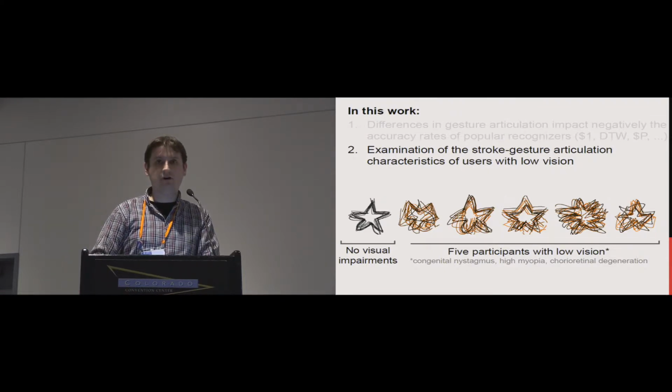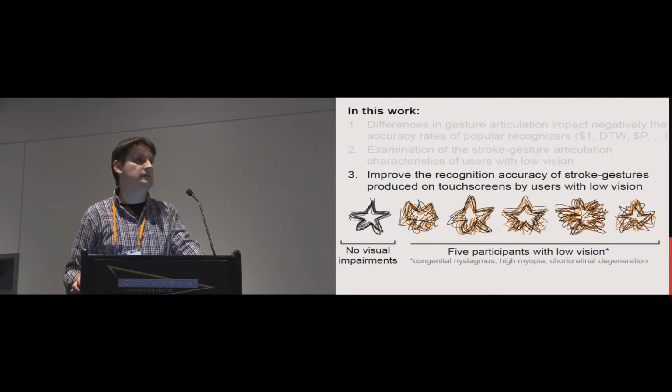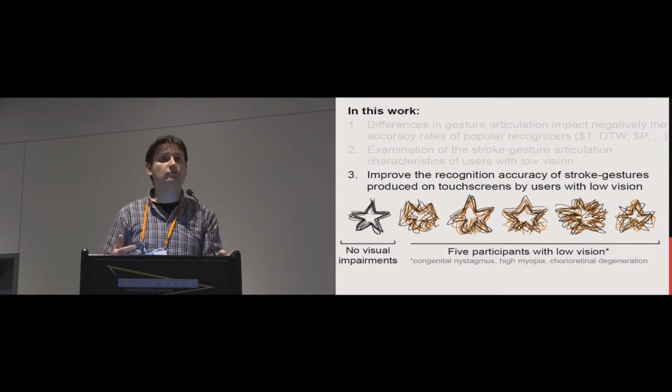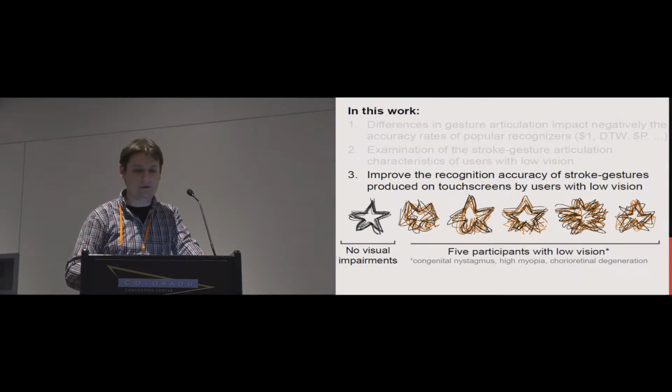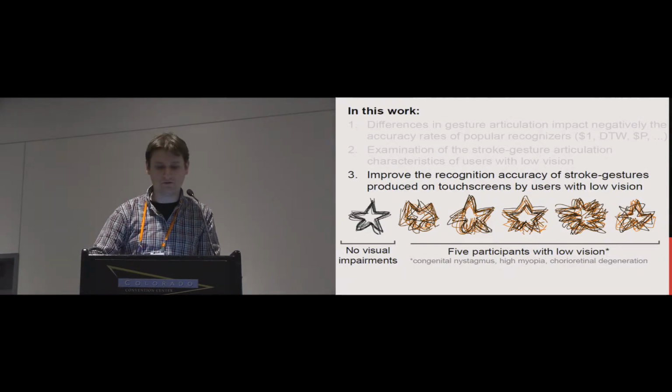And informed by these empirical investigations, I proposed 2 modifications for the P-dollar point cloud gesture recognizer in order to adapt it to address properly these variations in how people with low vision actually articulate touch gestures. Okay, so these are the contributions of this work.